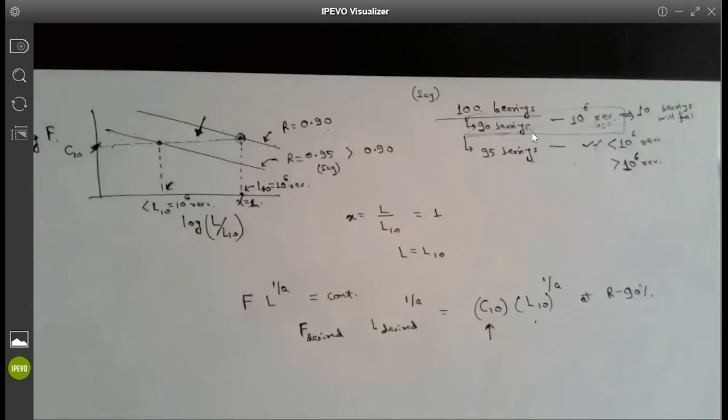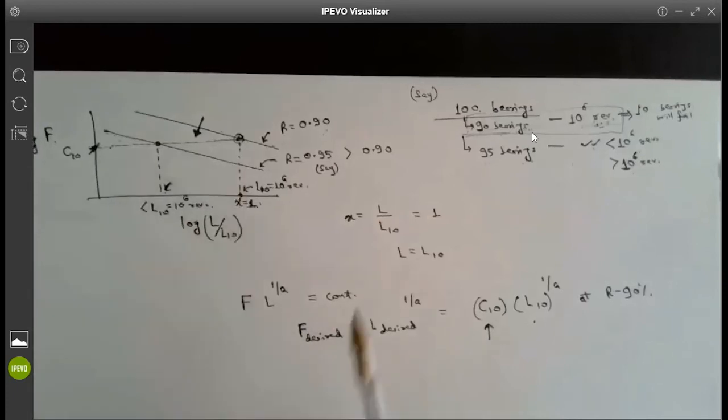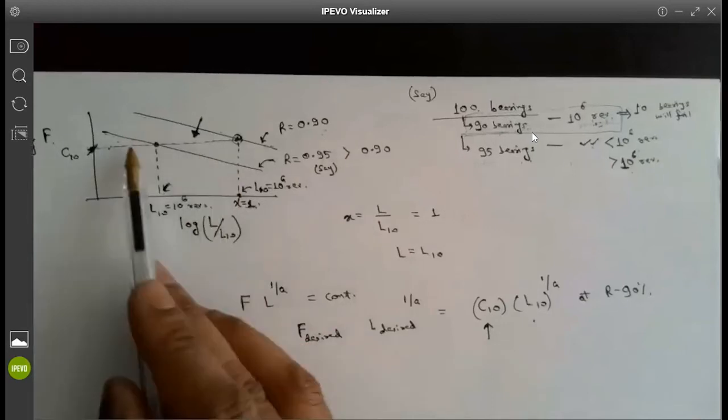This is a very key concept we are learning here, because once you follow this, it will be easy to plug the numbers and get the value for C10 from the expression. That's not a big deal using an equation. But I'm trying to make sure that you understand the concept behind those expressions, what the parameters mean, and why this line is below this line of 90%.